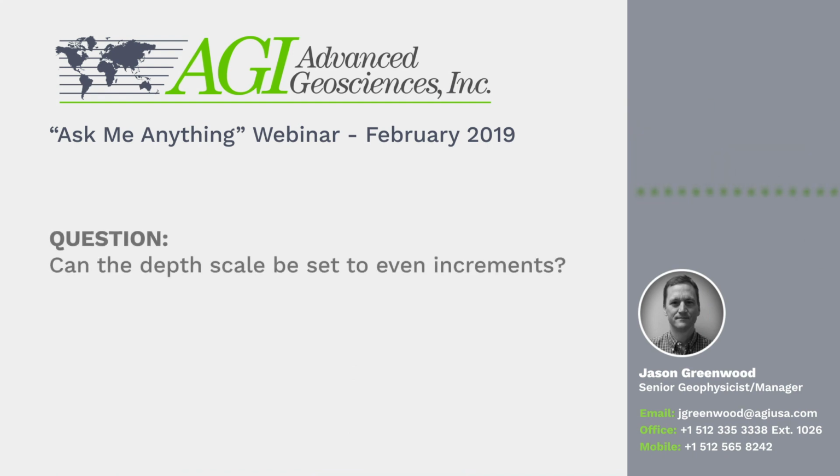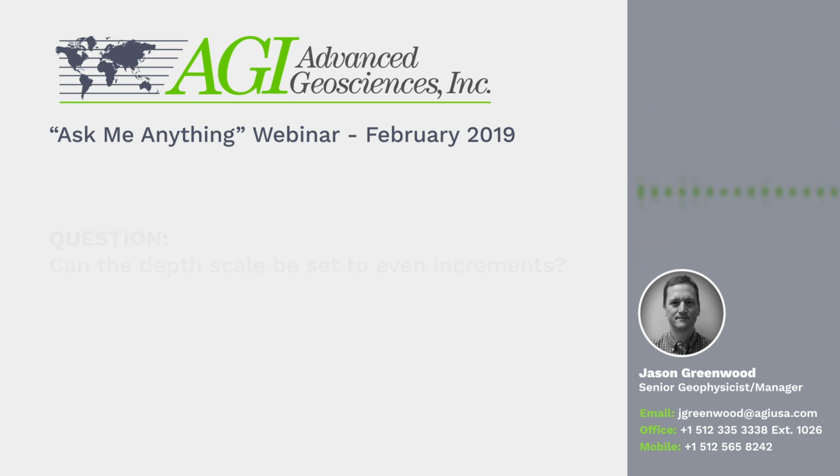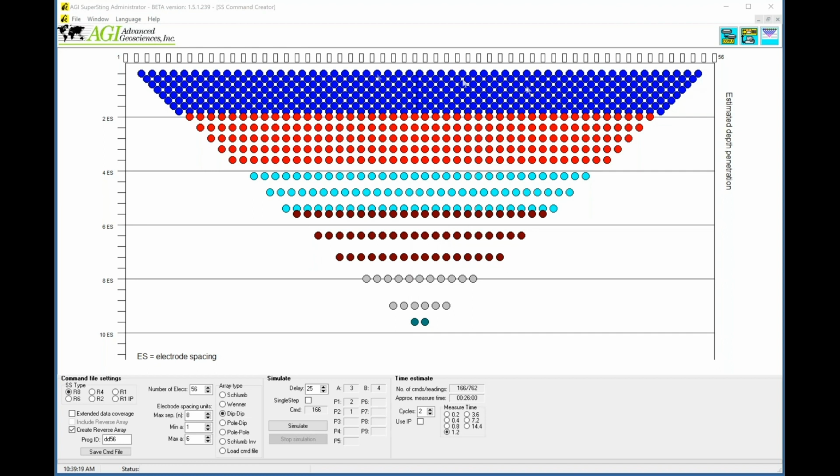Can the depth scale be set to even increments? Okay, it can, but it shouldn't. That's a good question. Now, notice that these electrodes up here, they're at the surface, and these are pseudo plot points.